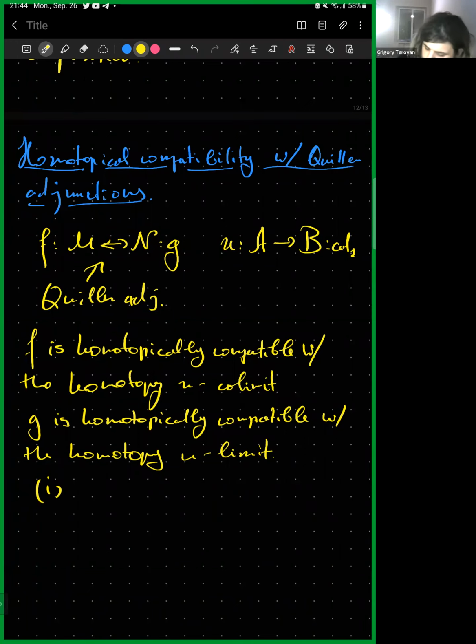So we first take a functor on diagrams, and then we take a colimit. And well, this is basically the notion of compatibility for left adjoints. So let me write this down.